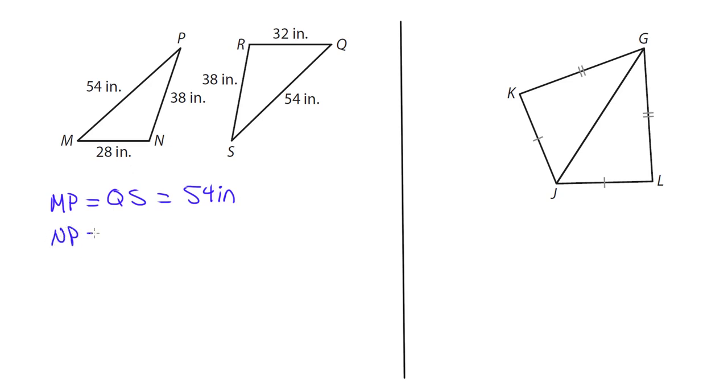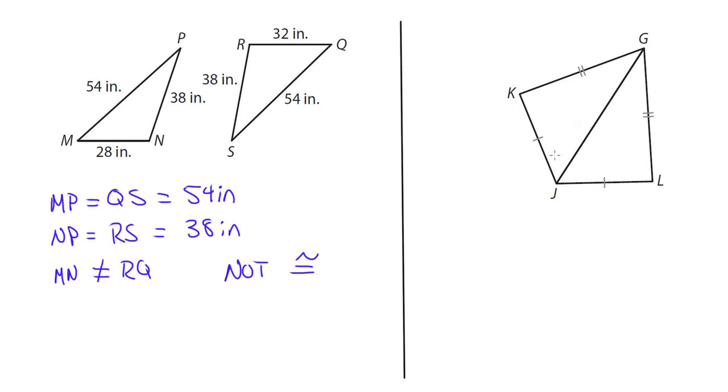So NP equals RS, and they equal 38 inches. But if you look at MN, it's 28 inches, and RQ is 32 inches. So MN is not equal to RQ. So therefore, these two triangles are not congruent.